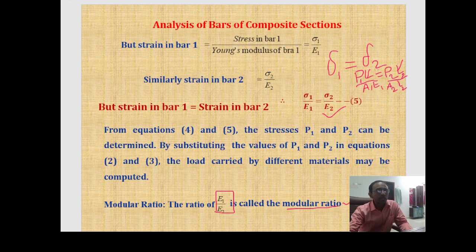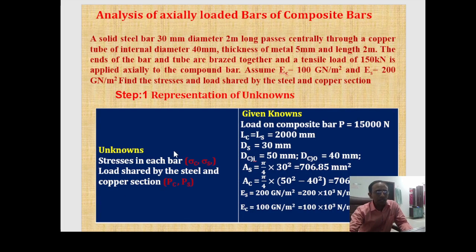So now let's look at a numerical example to make it more clear. There is a problem given: a solid steel bar of 30 mm diameter and 2 meters long passes centrally through a copper tube of internal diameter 40 mm and given metal thickness, right?